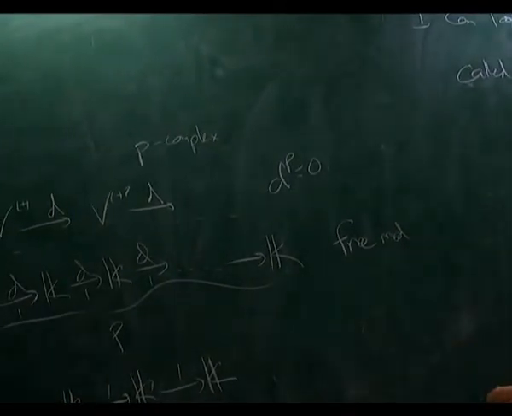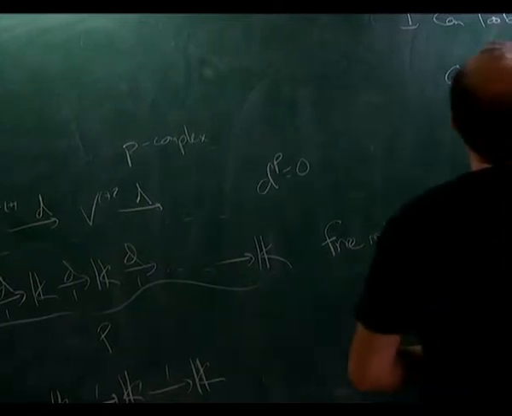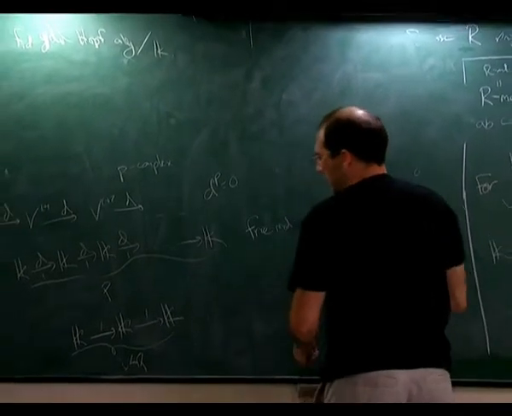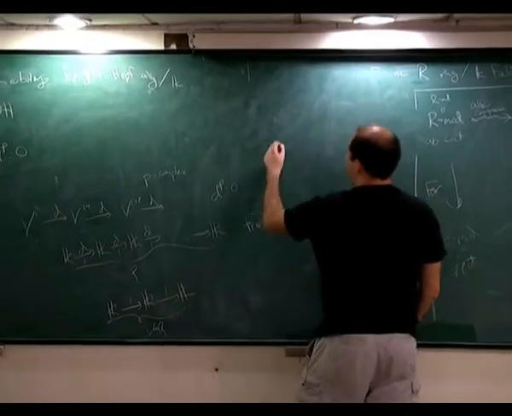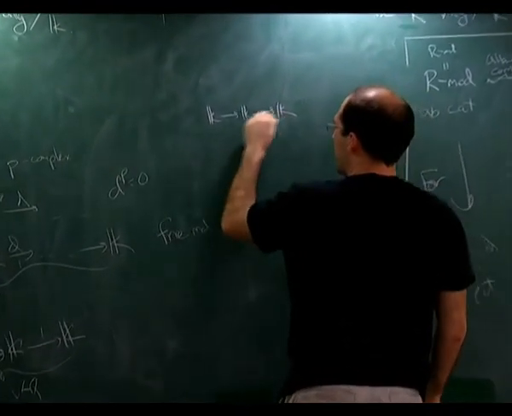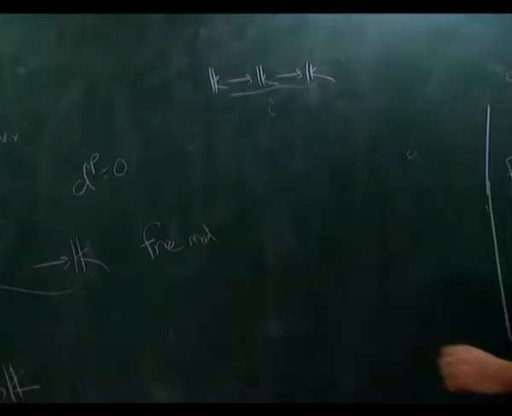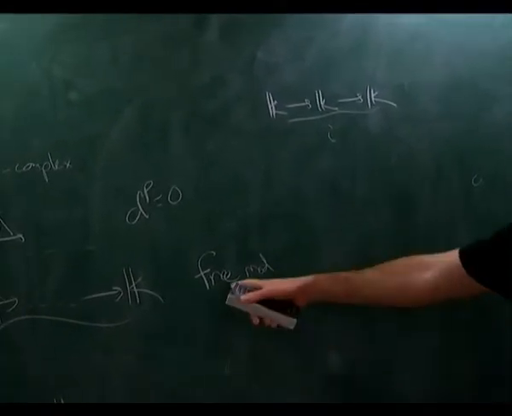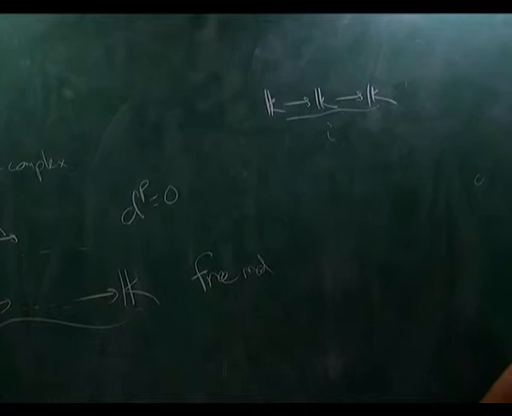What's the suspension functor? So let's look at this guy of length I. Okay? I need to find a projective cover. So I need to find something that looks like this that maps to it surjectively.